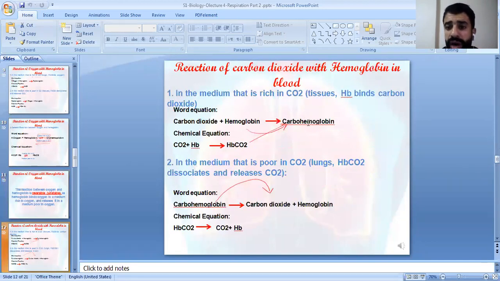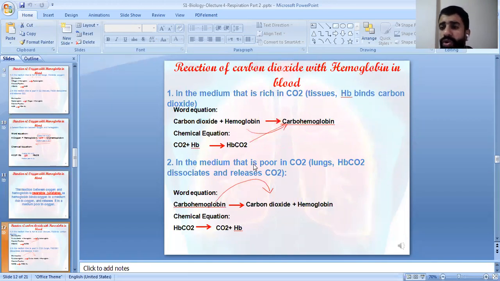Moving to the reaction of carbon dioxide with hemoglobin in blood. Word equation: in the medium that's rich in CO2, like the tissues, hemoglobin will bind to carbon dioxide to give carbohemoglobin. So CO2 plus Hb can give HbCO2, which is the carbohemoglobin. This is the word equation, and this is the chemical equation.